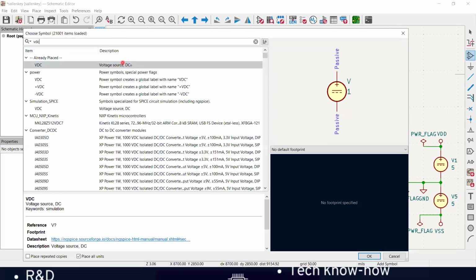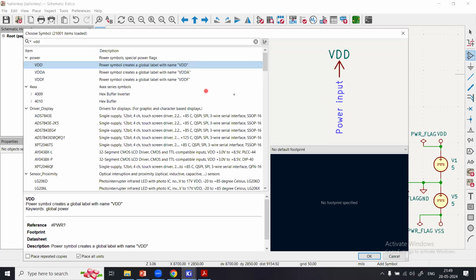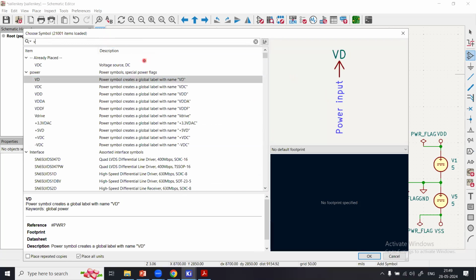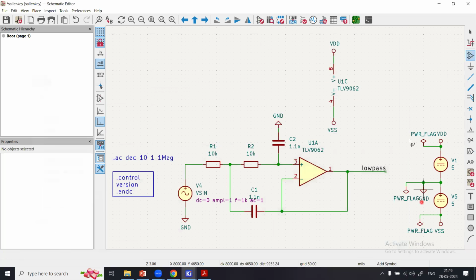I have to type that. Let me type VDD, and it will have this VDD symbol. If I type VSS, it will be VSS, and here it is. This is how I did that. Cancel. Similarly, I got the symbol for the power flag. We have explained this so many times in our previous sessions.